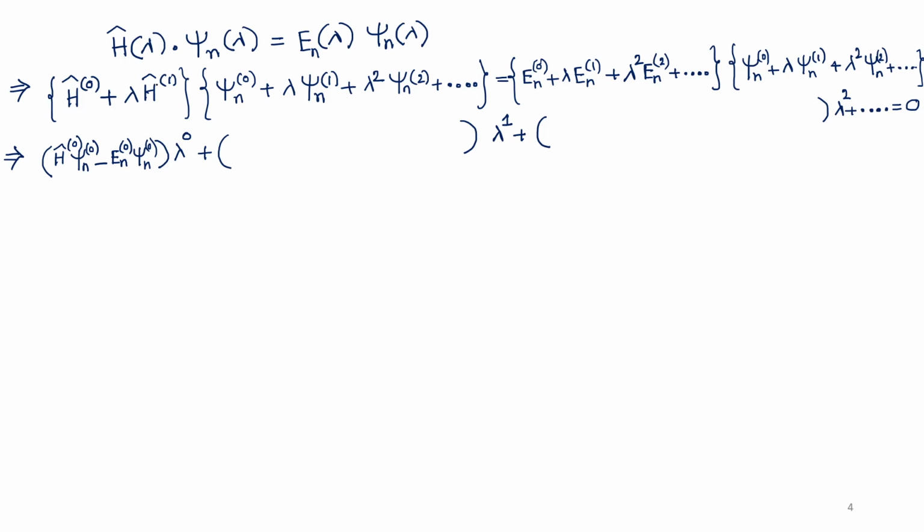Then the next part would be where lambda is common. See, the total of these things, 0 plus 0 is 0, so it will be in lambda to the power 0. If lambda to the power 1 is there, we need to take the product, and from the product take the terms in such a way that lambda is common. So when h naught is multiplied by lambda sine 1, you are going to get lambda right there.